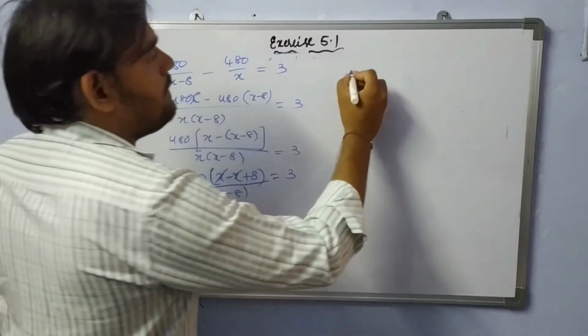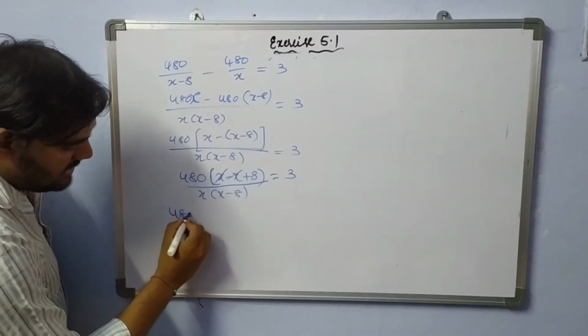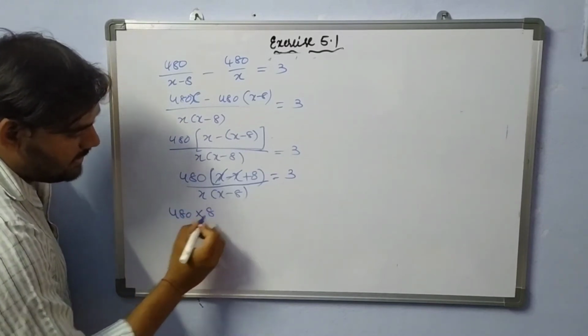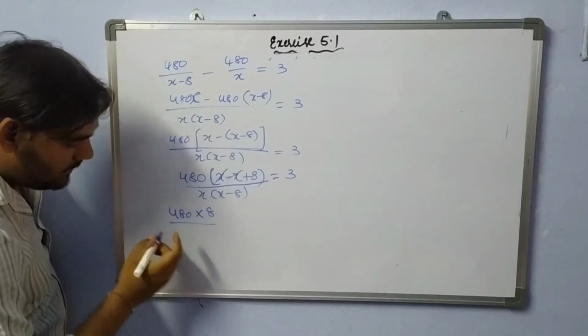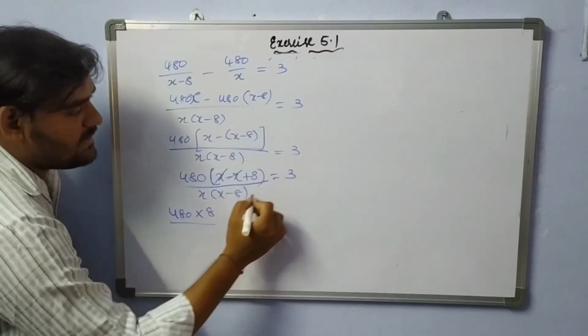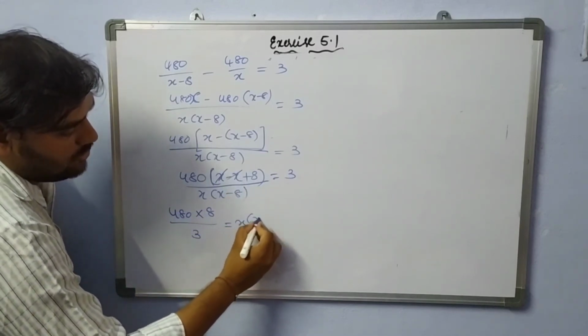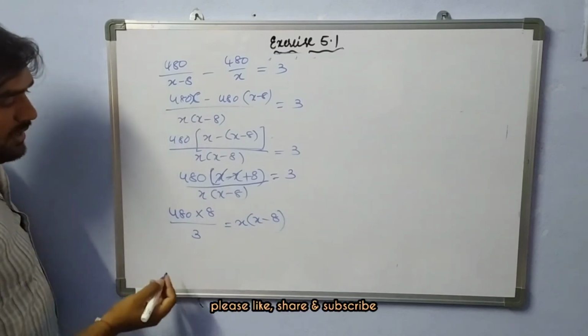Now we will get 480 into 8 divided by x into x minus 8 is equal to 3, no? Do cross multiplication. At that time, 480 into 8 by 3 is equal to x into x minus 8 we will get.